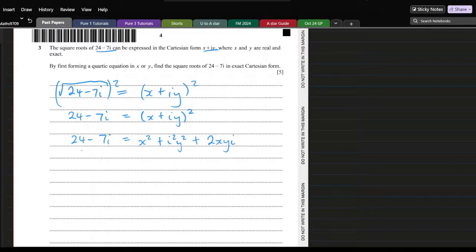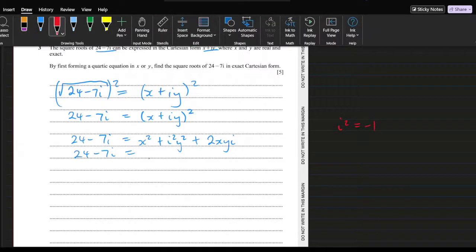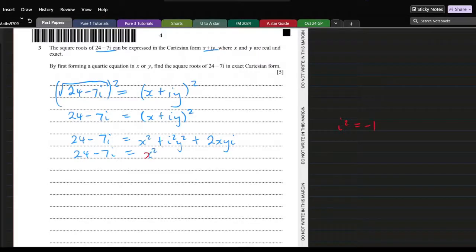Alright, so 24 minus 7i is equal to, we can use the idea that i squared is equal to -1. So that means we've got x squared minus y squared, because i squared is -1, plus 2xyi. So on the right hand side our real part comes from x squared minus y squared, and our imaginary part comes from 2xyi.